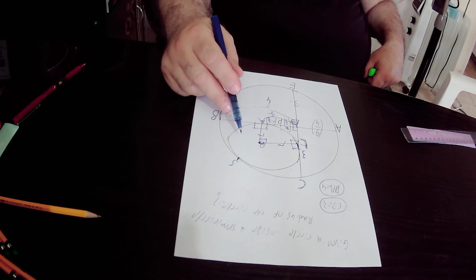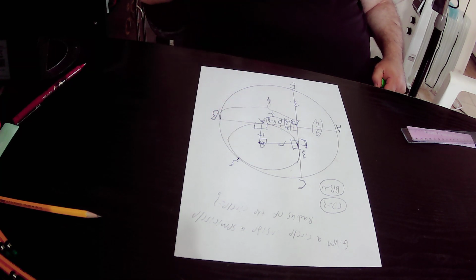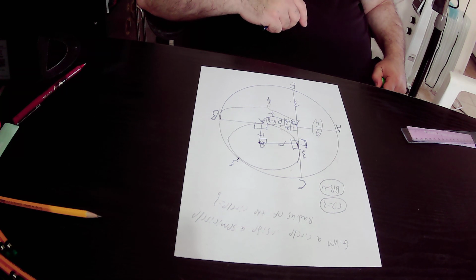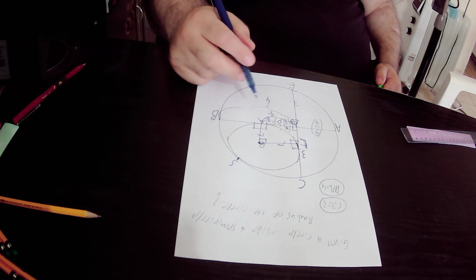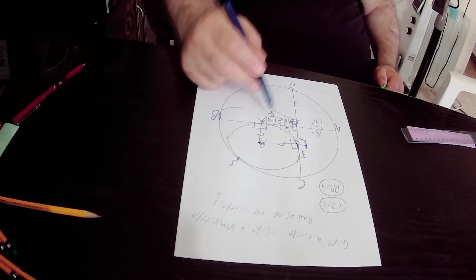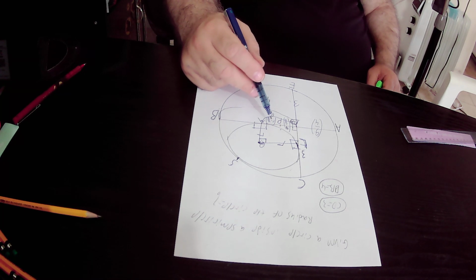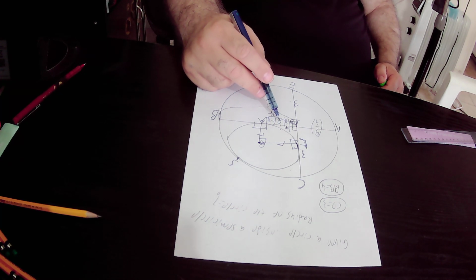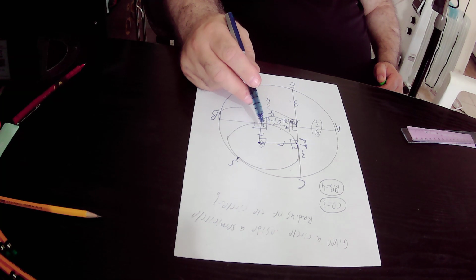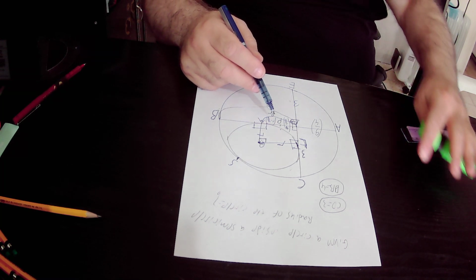So in this case, when the two circles touch each other internally, like in this drawing, the straight line that connects the two centers together is PQ. Why? Because P is the center of the big circle and Q is the center of the small circle.